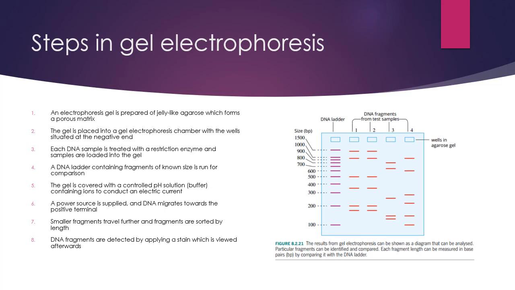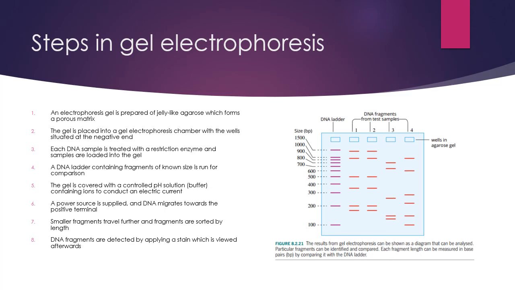So I'm going to go through the steps of that process. The electrophoresis gel is prepared, which is made of a jelly-like substance called agarose, and it makes a porous matrix. So it's like a microscopic little network that stuff can move through, like a big microscopic sponge. The gel is placed into an electrophoresis chamber and it has a charge put through it.